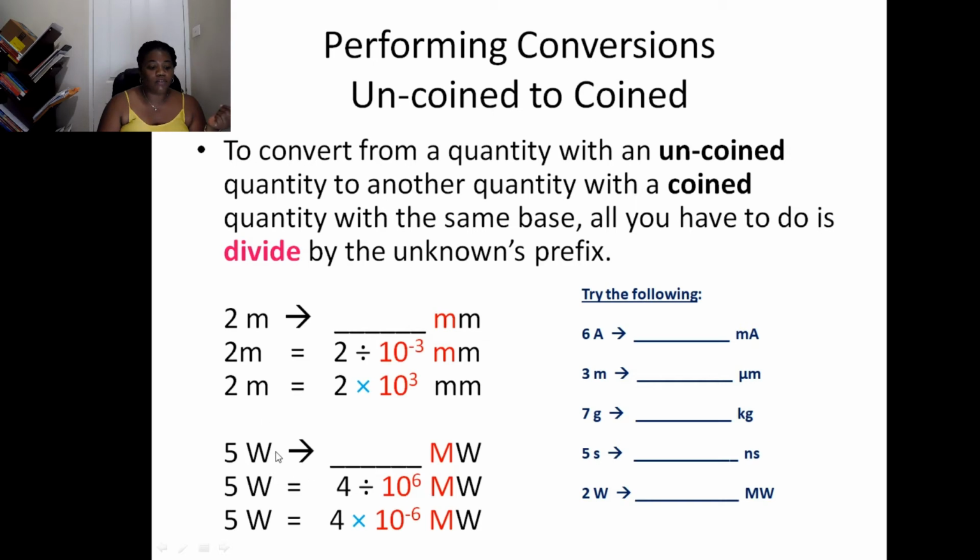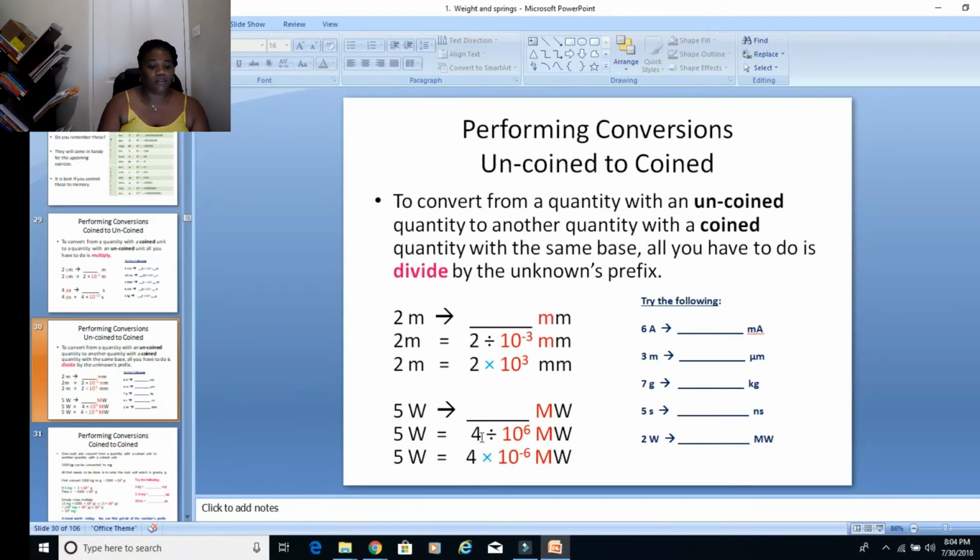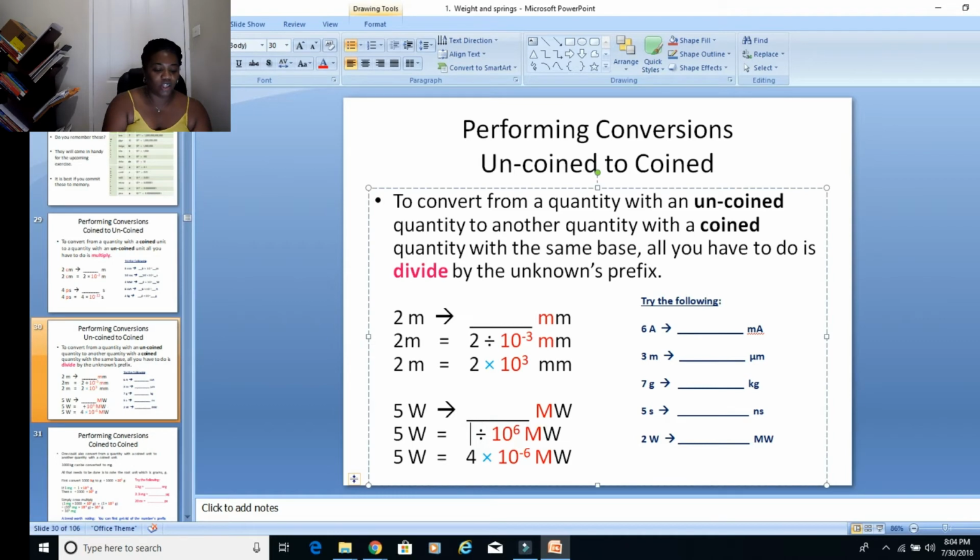So again, if you're going from unprefixed to prefixed, you would divide the whole number by the prefix. I put the wrong number down there, and then what you would do is change the division sign to the multiplication sign and also change this sign here. Yes. And you're probably like, what? Change the sign? Well, it's easy.